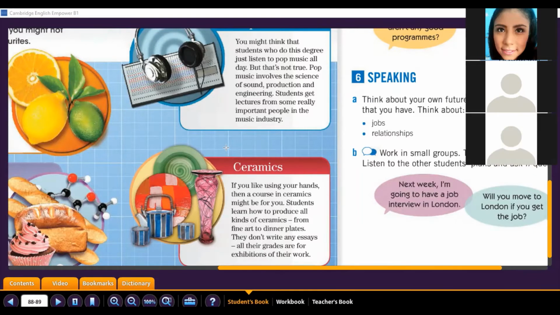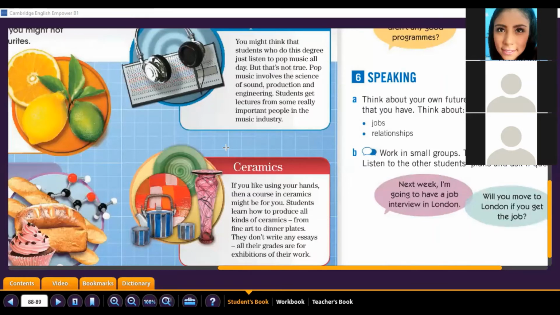If you like using your hands, then a course in ceramics may be for you. Students learn how to produce all kinds of ceramics, from fine art to dinner plates. They don't write any essays. All their grades are for exhibitions of their work.